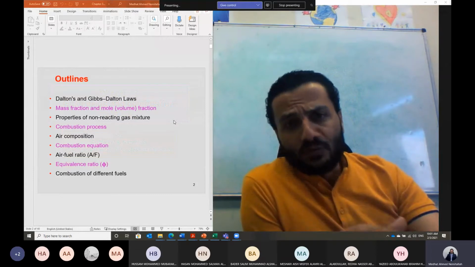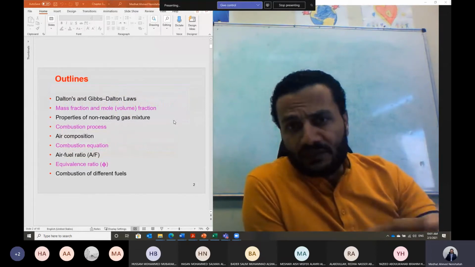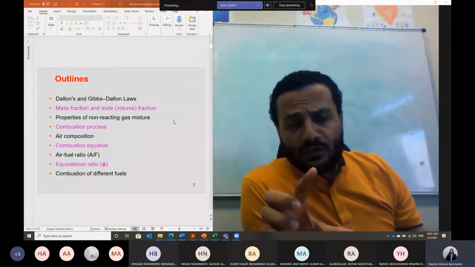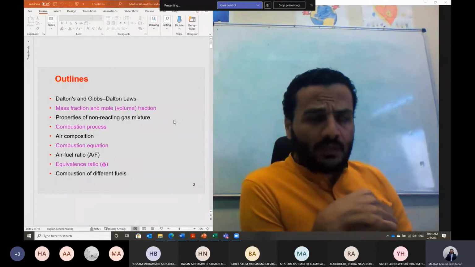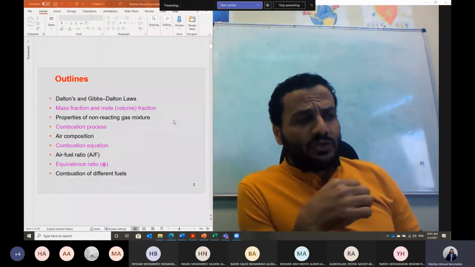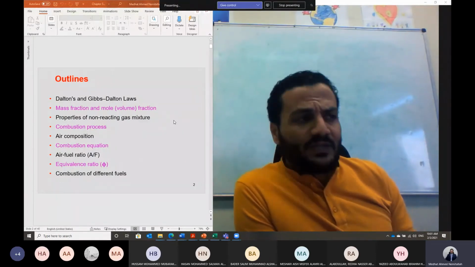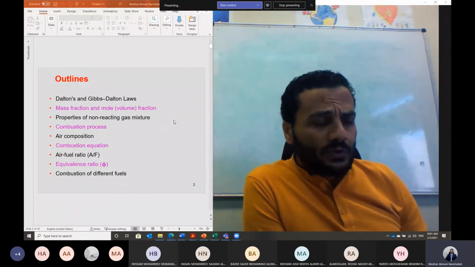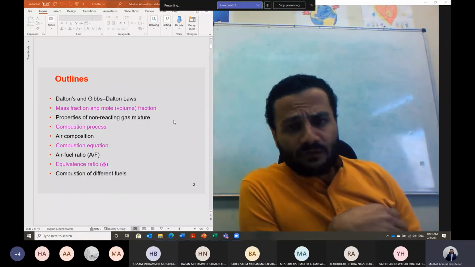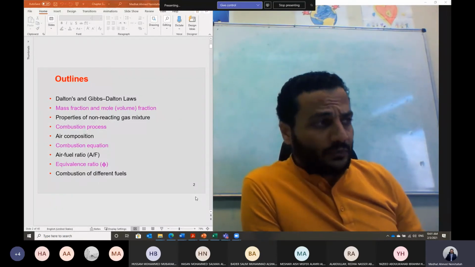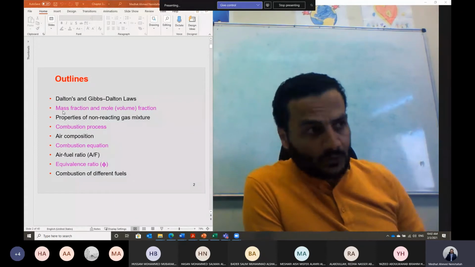We consider complete combustion without any kind of kinetics, just the general formula for the combustion, the general combustion equation assuming complete combustion. So it's very simple. Then we can calculate the air to fuel ratio and see the engine performance at the different air to fuel ratio, considering different fuels also.